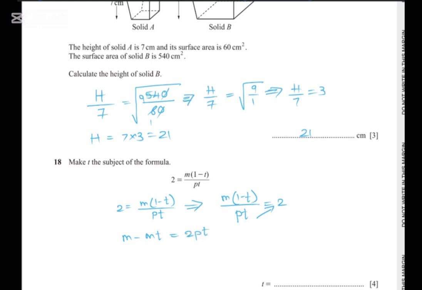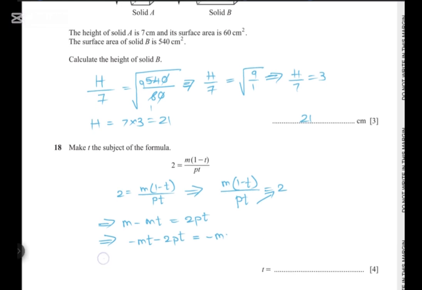Bring the T term on the left hand side and the m term on the right hand side, because we need to make T the subject. So minus mT, keep as it is. Bring 2PT onto the left hand side, that is minus 2PT, and when you take m onto the right hand side, it is negative m. Then next step, you can take minus T common, because there is minus in both the terms here, and m plus 2P in the brackets, that is minus m.